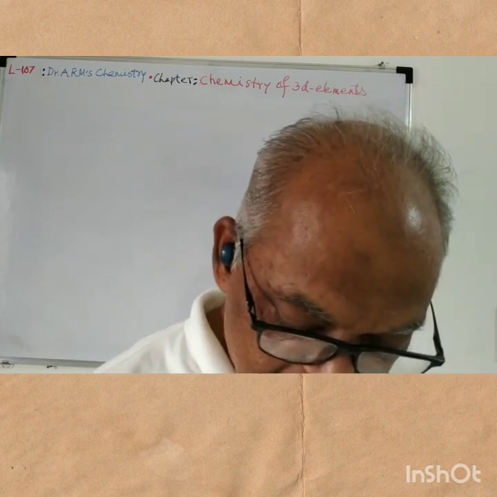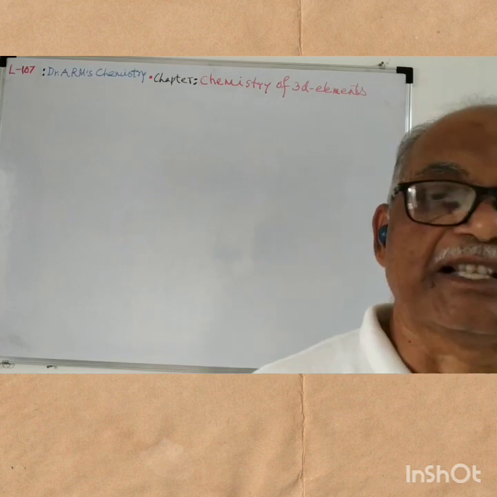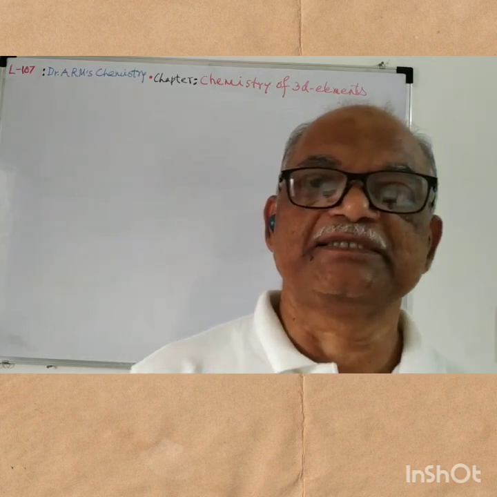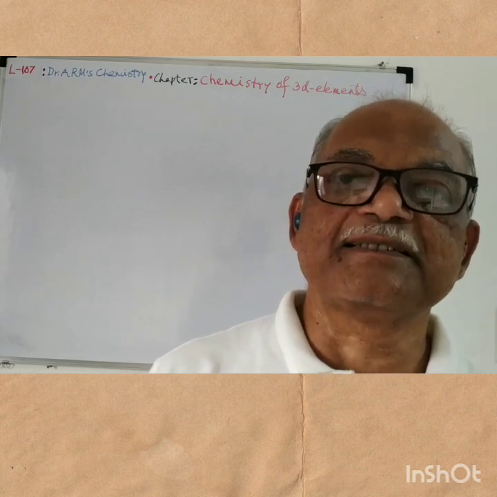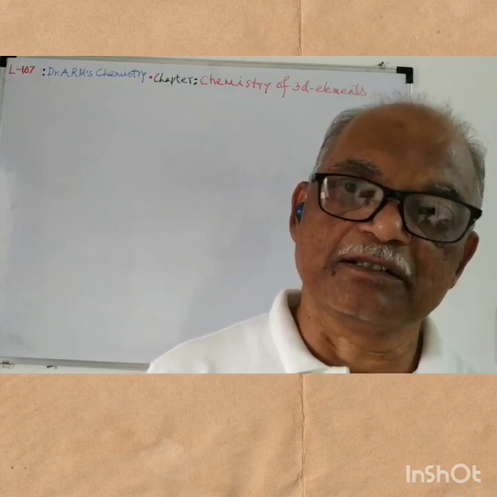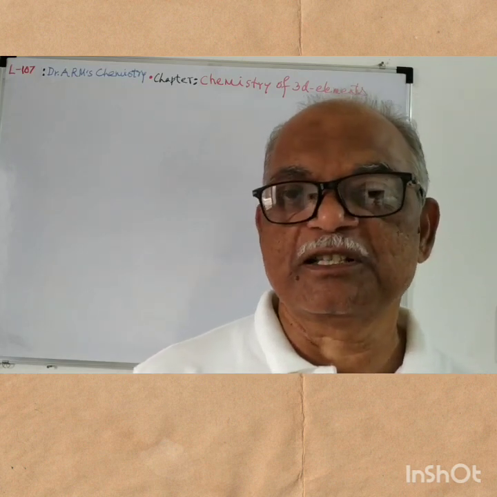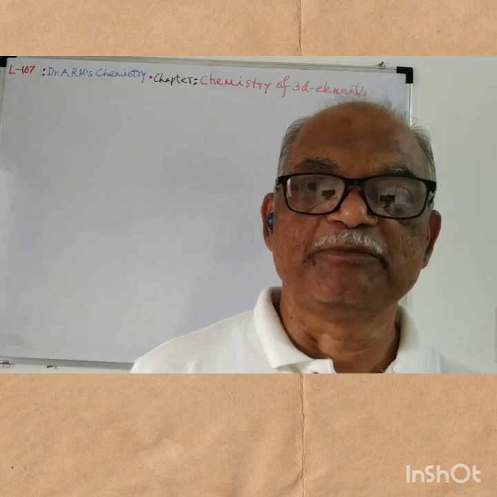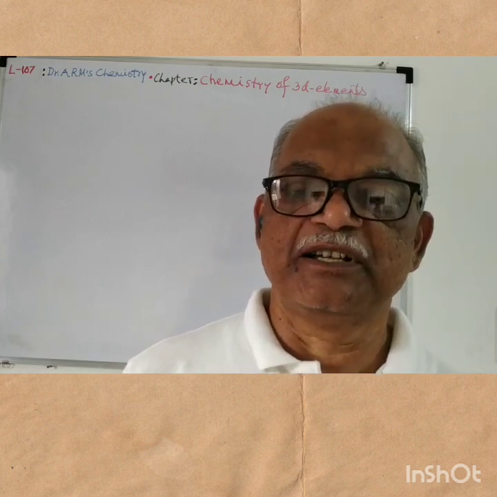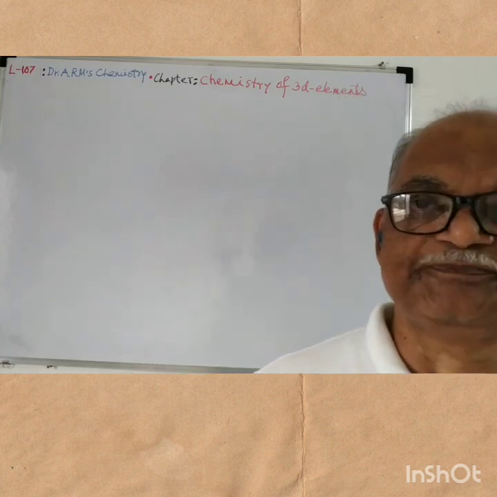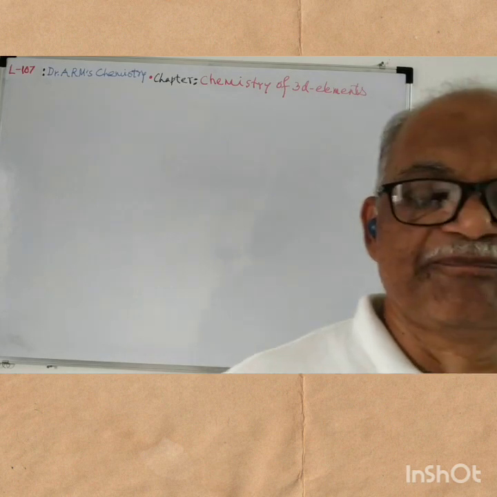Here, these elements of the transition series, that is 3d, 4d, 5d, etc., can give a variety of complexes depending upon their coordination number. And we have seen that the coordination number depends upon various factors such as the size of the metal ion, the size of the ligand, the charge on the metal ion, as well as the bulkiness of ligands.